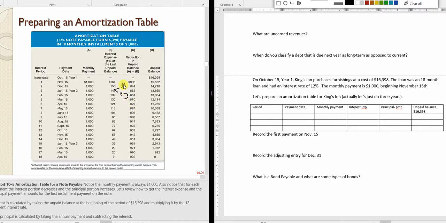So this is in interest payable, so I debit interest payable for the 74, debit interest expense for 73, debit installment notes payable for the 853, and those three should add up on my debit side, and I credit cash for $1,000.